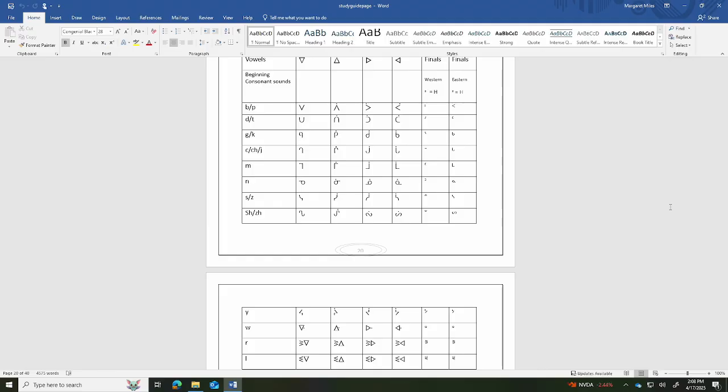And the finals. So there are two different writing styles for the finals, Western and Eastern.